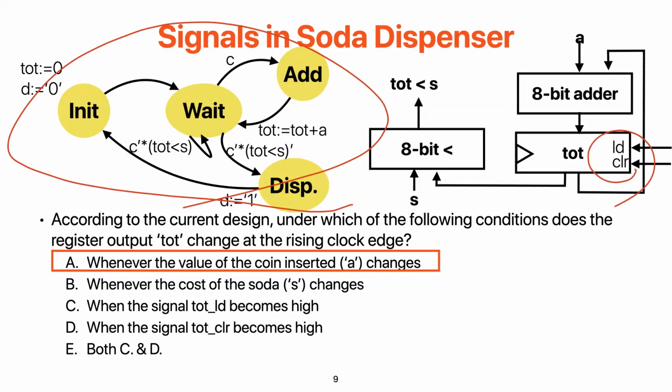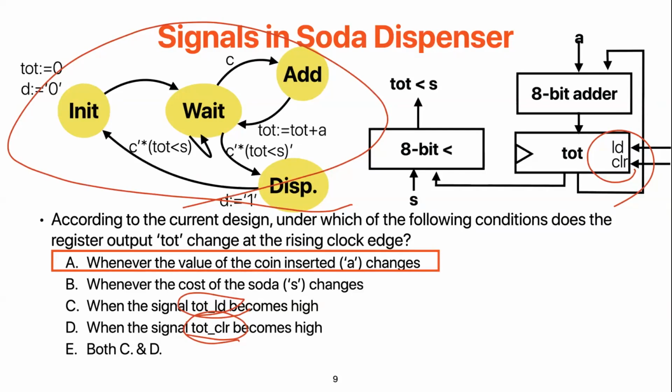And the other thing is that these two signals, they could change the total at any time, right? Even if they are connected. So it's not just the rising edge, right? So this is the second thing.